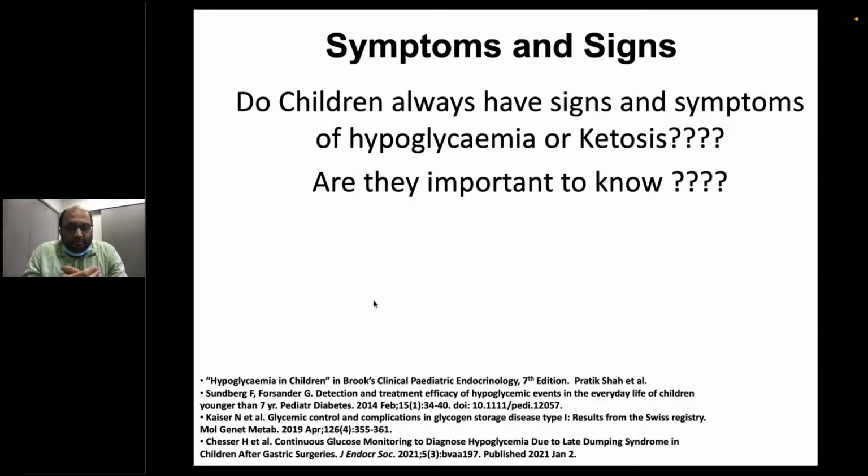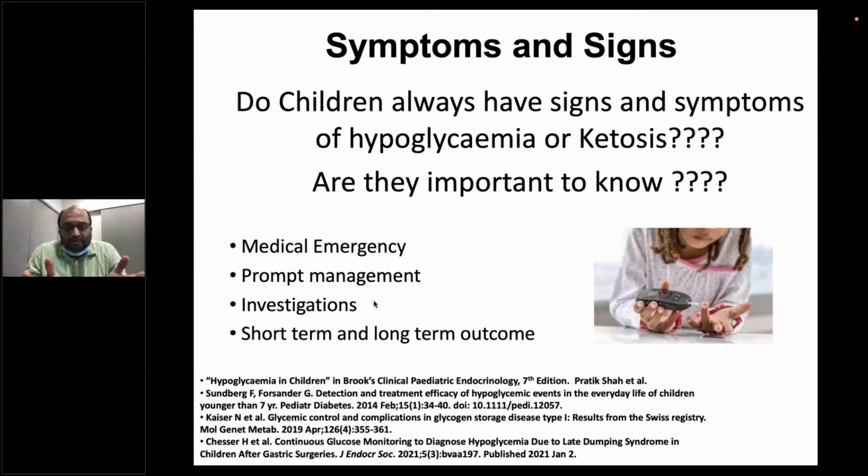The symptoms are vague, but it's very important as a healthcare professional to know them, as well as to inform families about them. Because it's a medical emergency, if they do have symptoms, it's important to recognize and treat them promptly to avoid the implications of hypoglycemic brain injury. Also, it is important to investigate. If they have recurrent hypoglycemia, we investigate them, and this has implications for both short-term and long-term outcome.